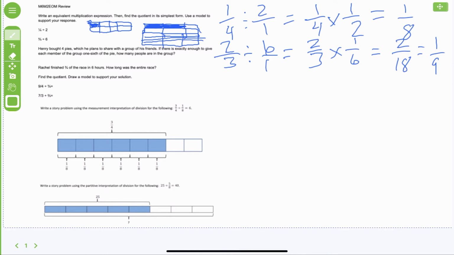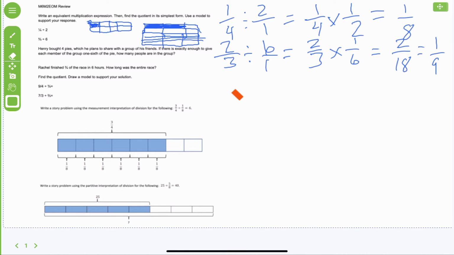Now Henry bought 4 pies, which he plans to share with a group of friends. If there is exactly enough to give each member of the group 1/6 of the pie, how many people are in the group? Well, we would take 4 pies and divide it by 1/6, right?